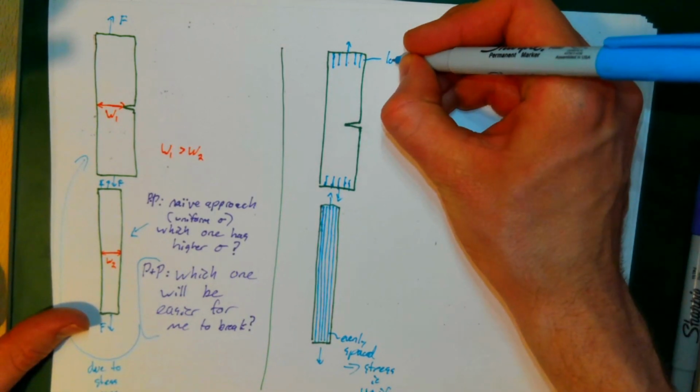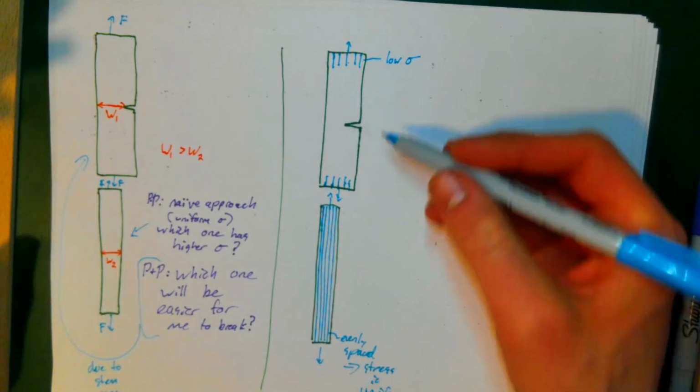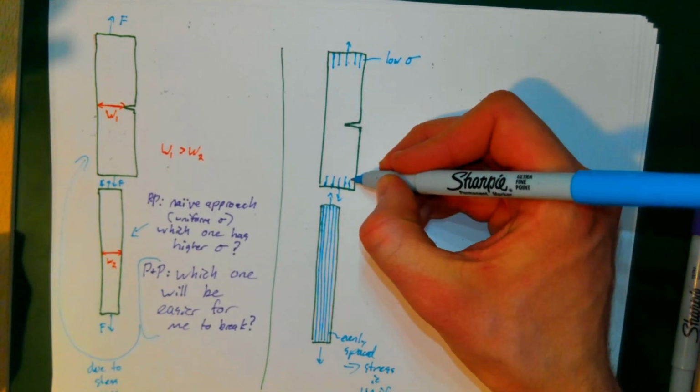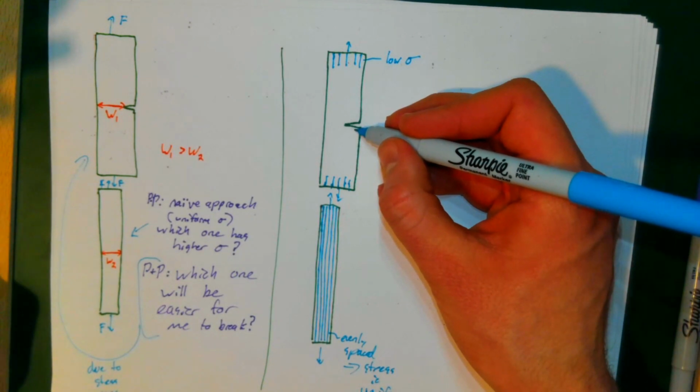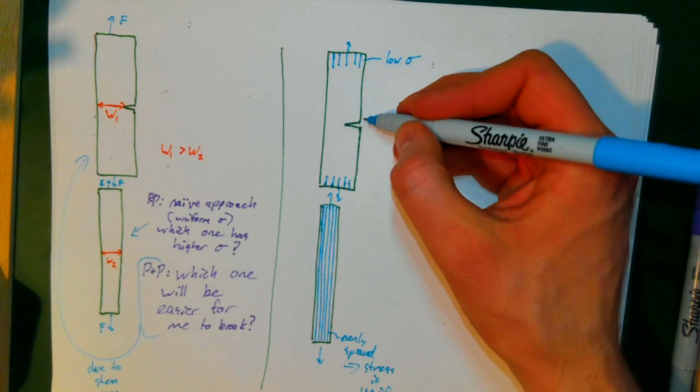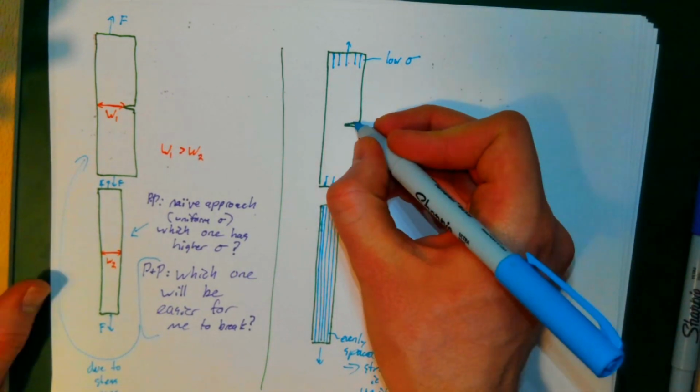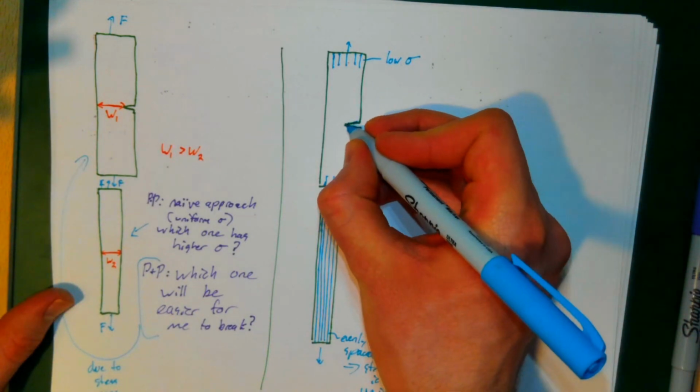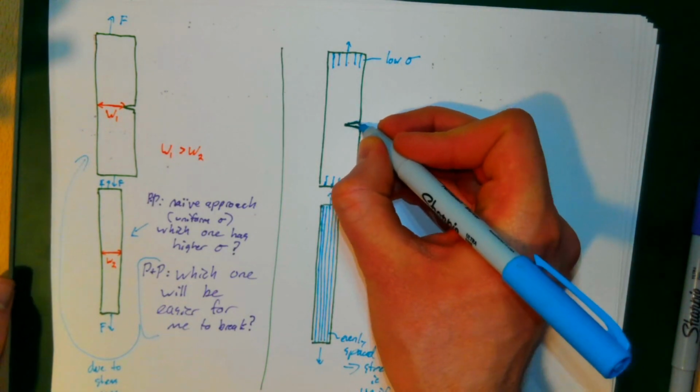This is basically low. There's a low stress region right here, but stress can't just jump over the crack. If there's a crack there, this side cannot really apply any force to the other side.